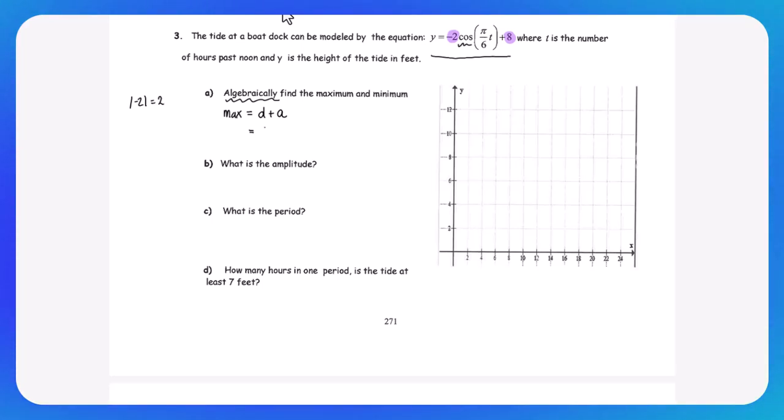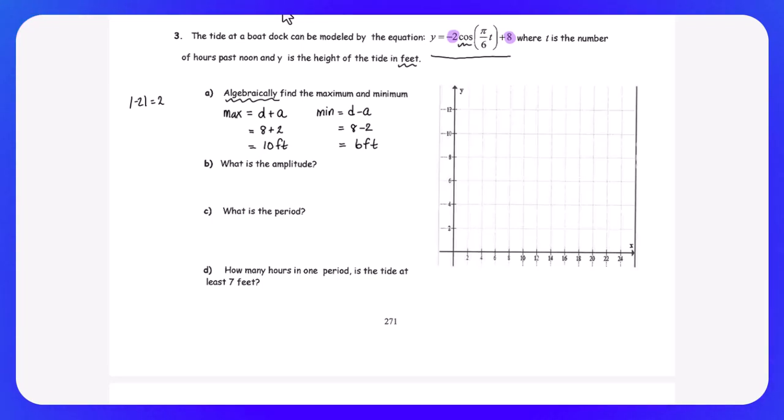So the maximum is 8 plus 2, which is 10, which means the minimum is D minus A, which is 8 minus 2, which is 6. Now, in this case, they said that this was in feet. So the max is 10 feet and the min is 6 feet.